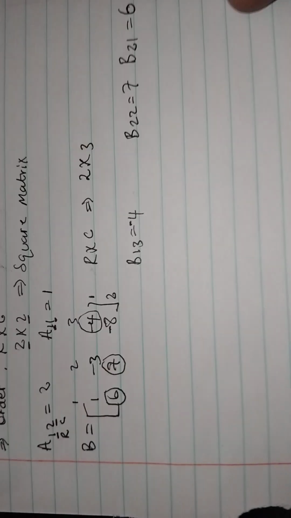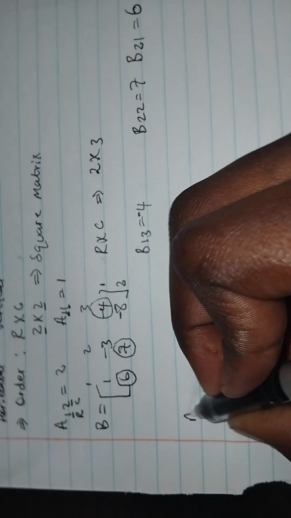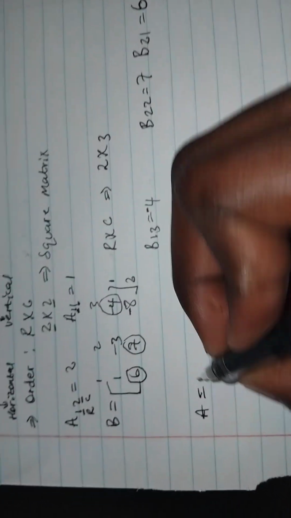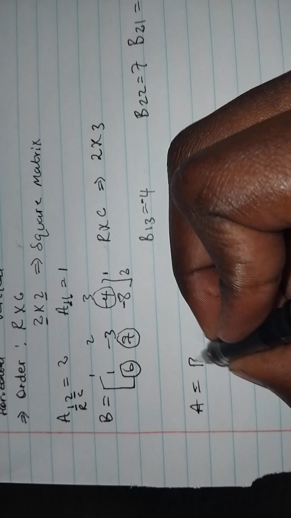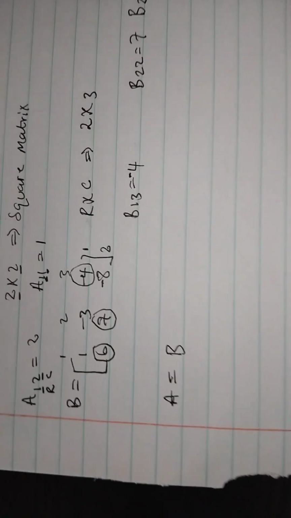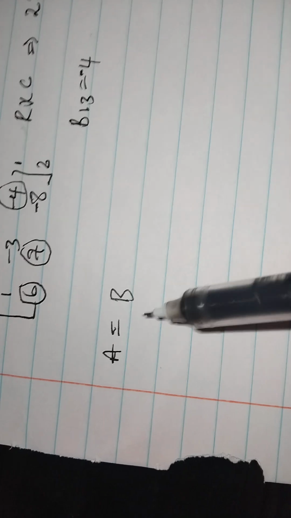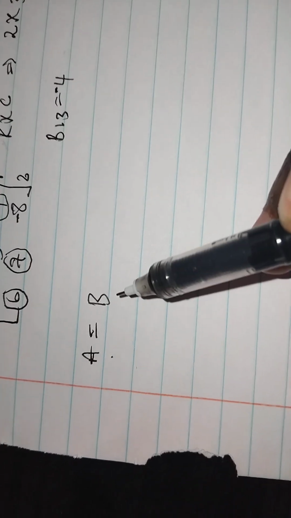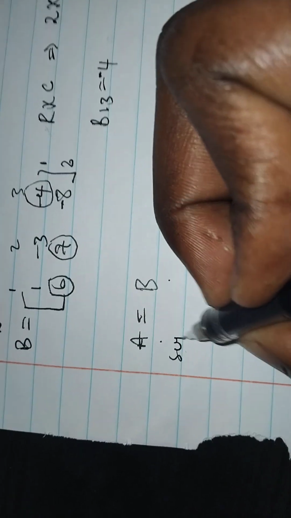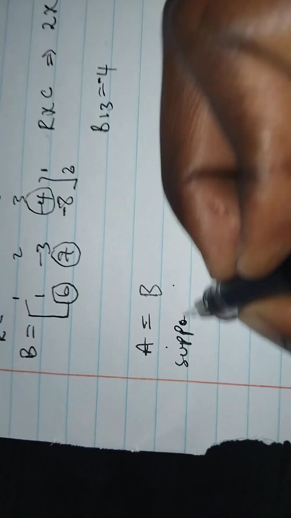Let us find out more about matrices. Let's suppose we have matrix A being equal to matrix B. For matrix A to be equal to matrix B, all the entries in matrix A should be the same as all the entries in matrix B. Let's use variables.